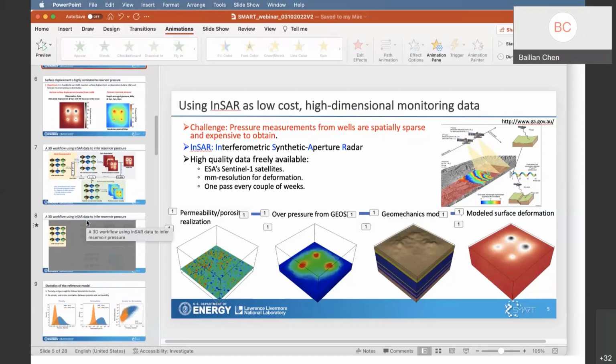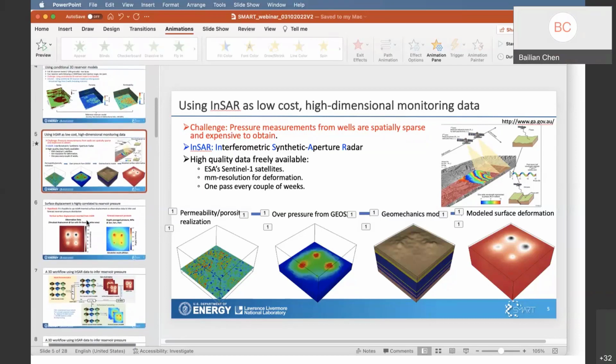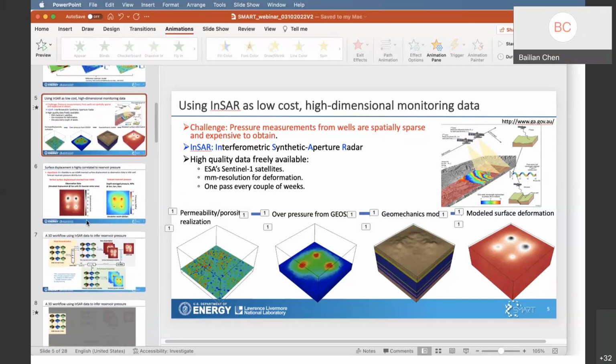I assume that if we want to get both good predictions on CO2 plume and pressure plume, we may need to incorporate both data sets to calibrate the reservoir model. And it will be a more challenging task, and it probably will be the next step.